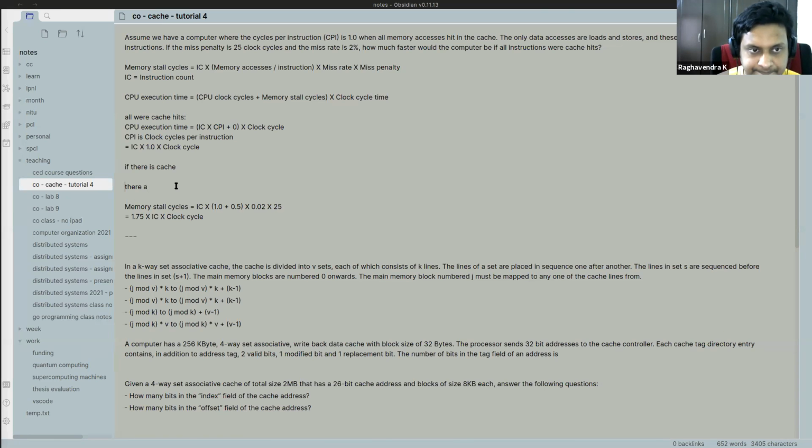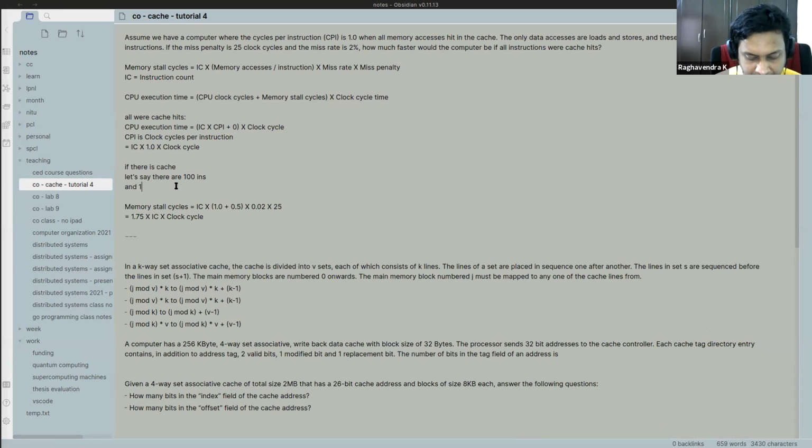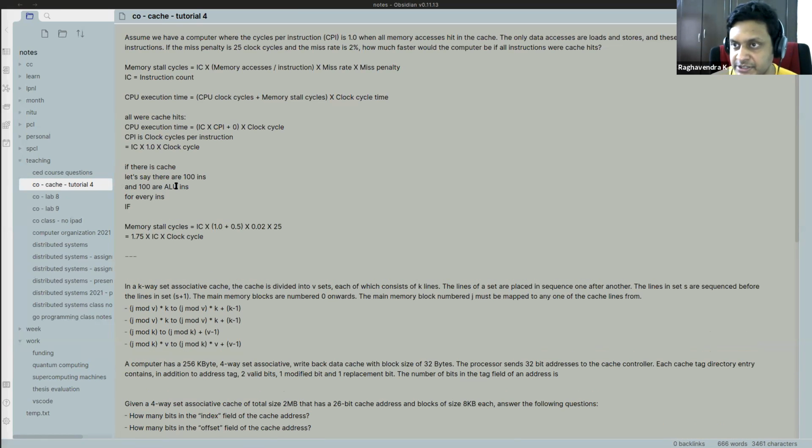Let's say there are 100 instructions, and 100 are ALU instructions. Now, I have enabled the cache, and I'm no longer assuming that everything is a hit in the cache, which means that the instruction fetch stage for every instruction should go to the cache and fetch the instruction itself, because the instruction is stored in memory.